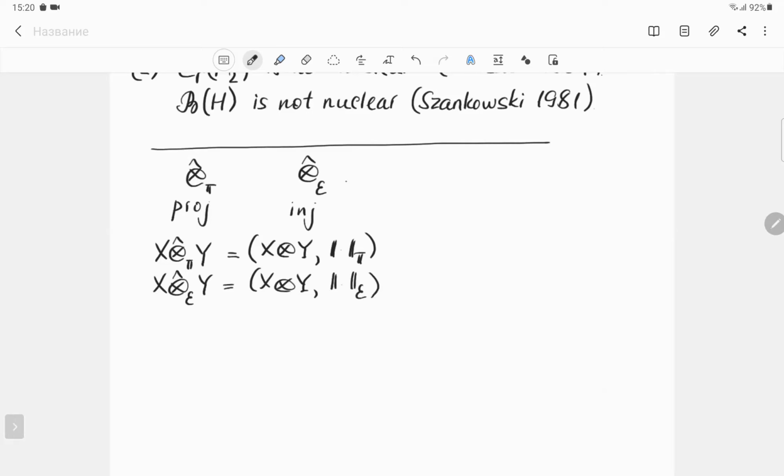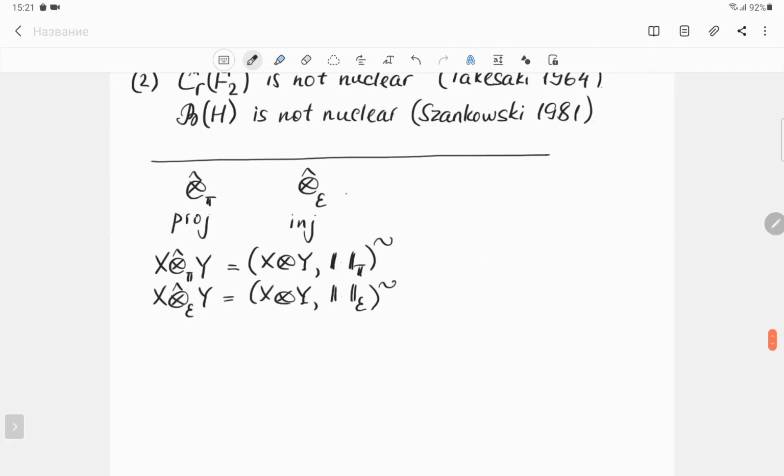And we take the completions here. So the tilde denotes the completion. The projective tensor norm has the property of being the biggest cross norm on the algebraic tensor product. And the injective tensor norm is the smallest reasonable cross norm. At this point, I don't say what reasonable means, but it's the smallest reasonable cross norm on the algebraic tensor product.